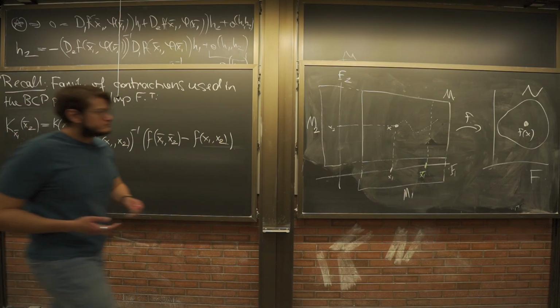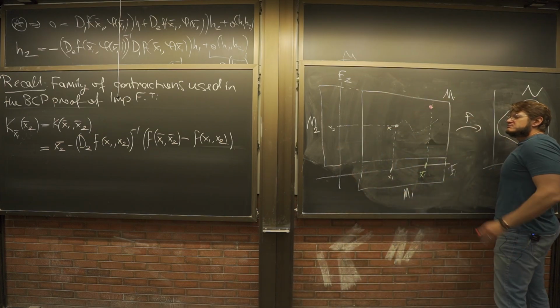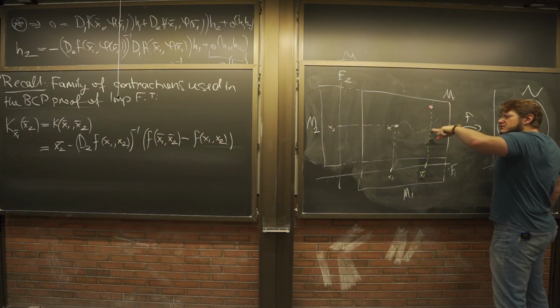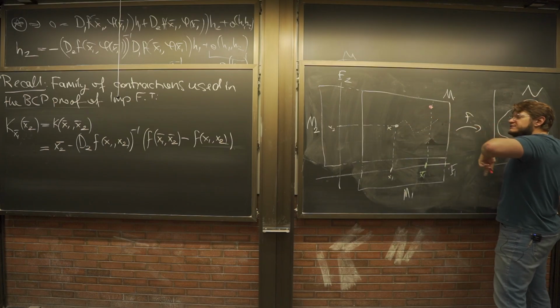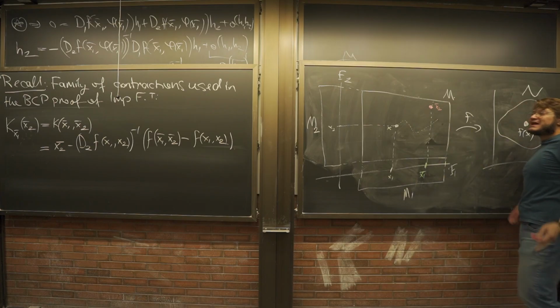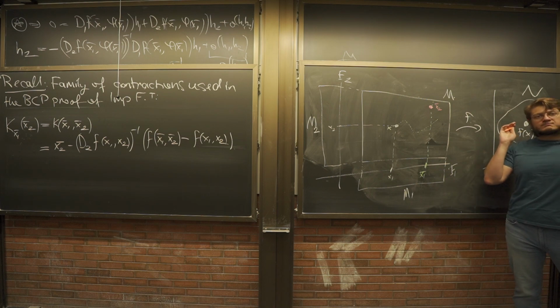So you initiate. You say, this is my first guess. I'm guessing that the graph of the function that I'm looking for passes through this point. Maybe it does, maybe it doesn't. If you're lucky, it is in fact passing through this point, and you're done.